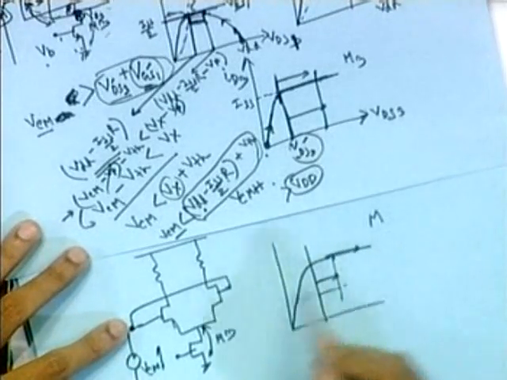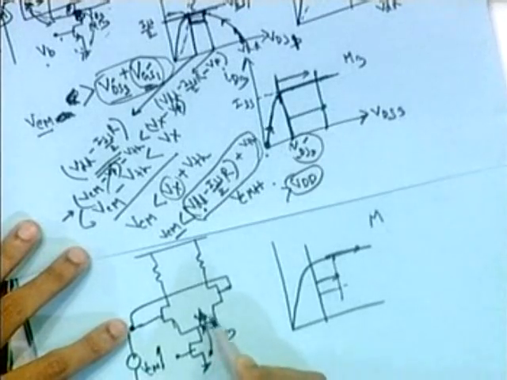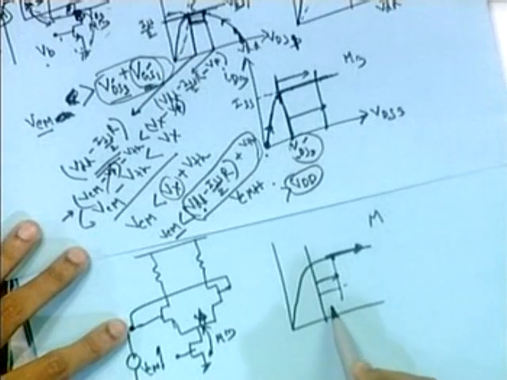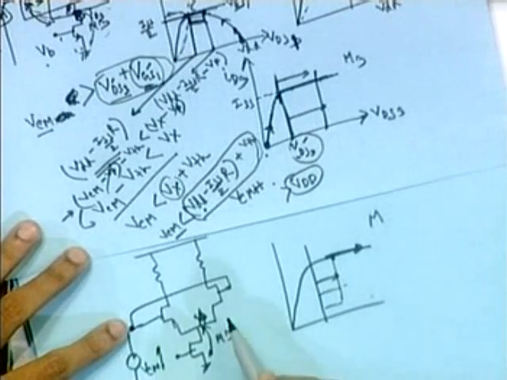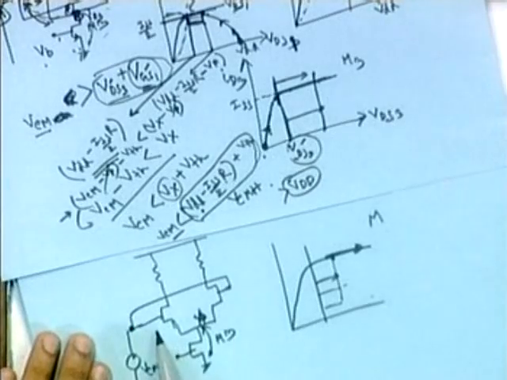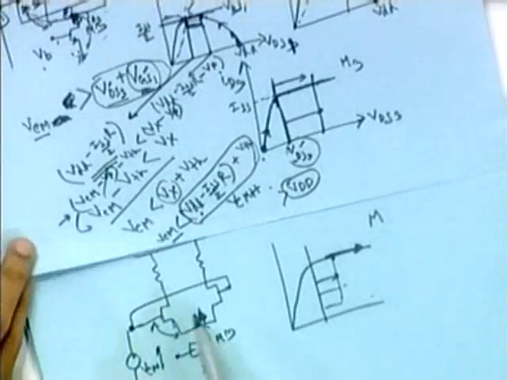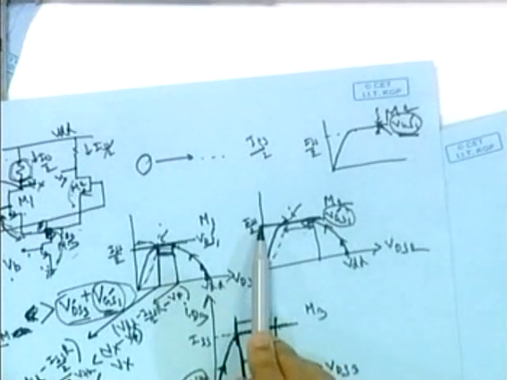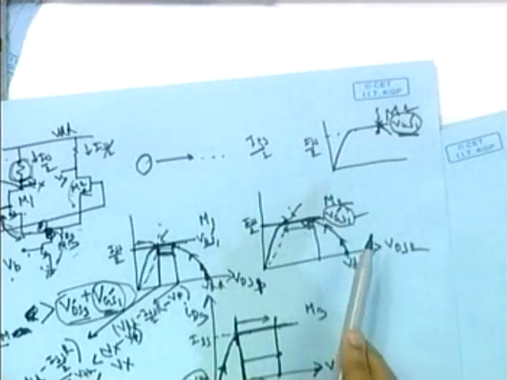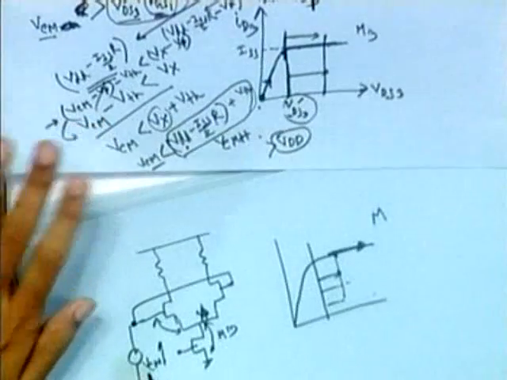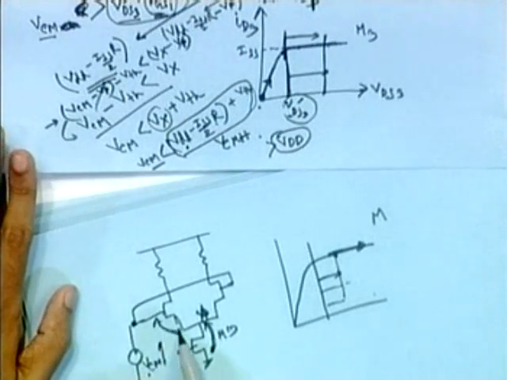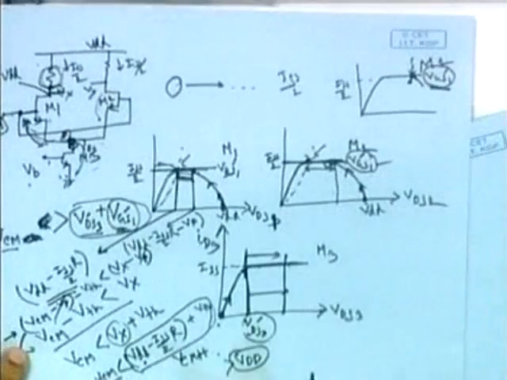This point moves here, call it VP, the voltage at point P. So this point also moves along this line, and the voltage across this transistor will be increasing, which helps to maintain this. After all, you need this VGS1, because otherwise the current through M1 and M2 won't be ISS by 2. You need that particular VGS1 for every input VCM. So the voltage across M3 will change in such a way that this voltage is maintained at VGS1 prime.